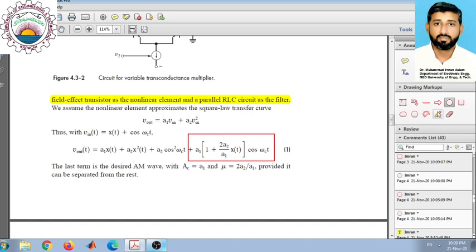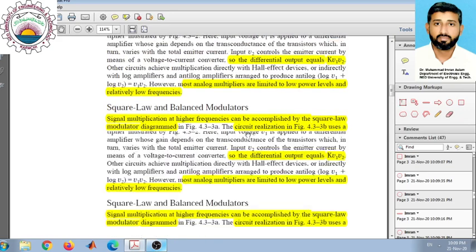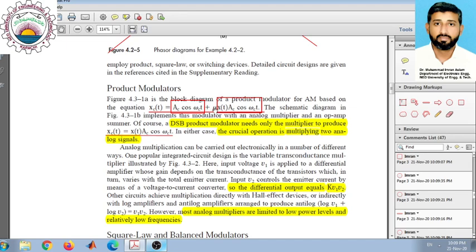It contains the carrier wave, cos omega ct, and the amplitude A1 is also mentioned. Comparing with the standard form of the AM signal, A1 equals the carrier amplitude Ac, and we have x(t) multiplied by 2A2 upon A1. In the standard AM form, this x(t) should be multiplied by mu.